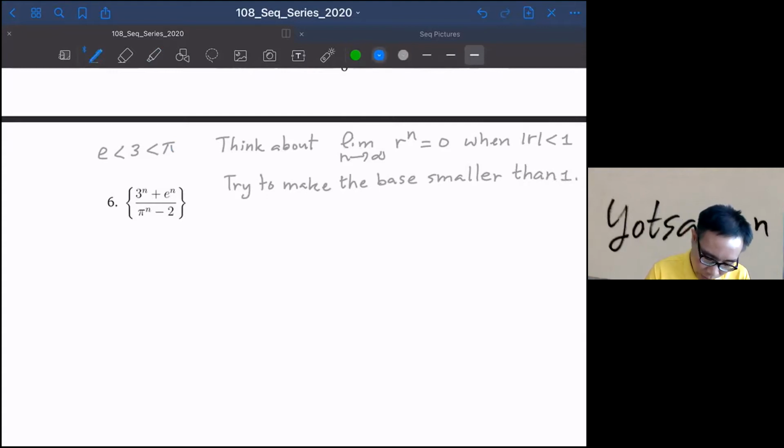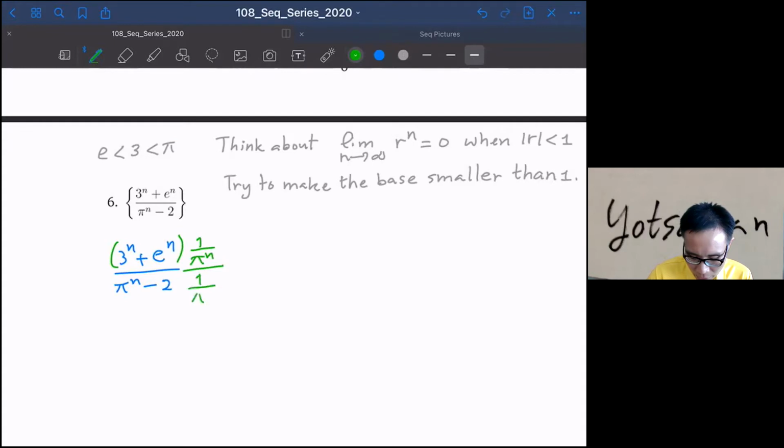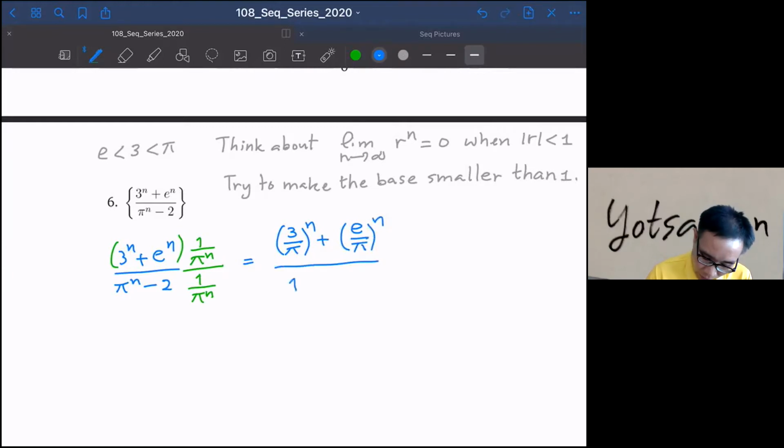The term here is 3 to the n plus e to the n, over pi to the n minus 2. If you divide the top and the bottom by pi to the n, you obtain 3 over pi to the n plus e over pi to the n, over 1 minus 2 over pi to the n.